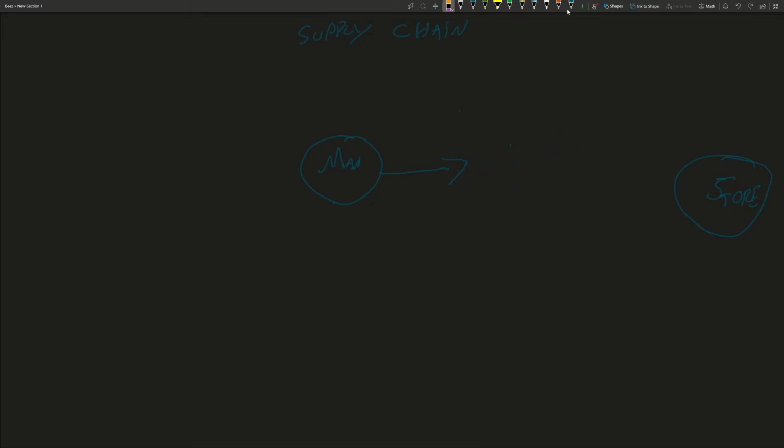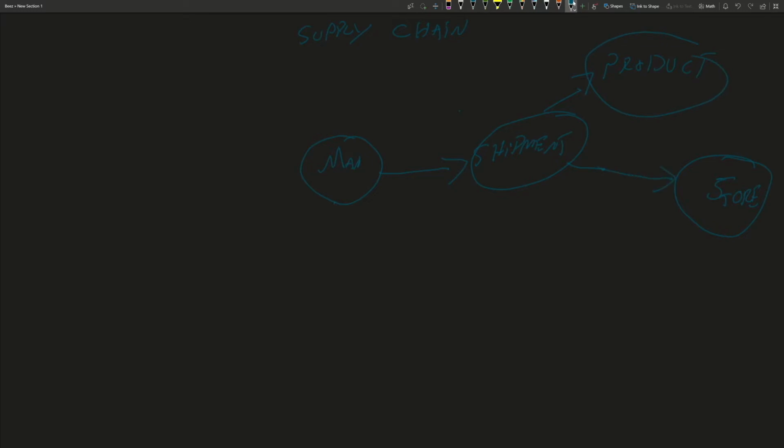They're going to create a shipment, and that shipment will contain a product, hopefully more than one product, and that will be sent to a store.